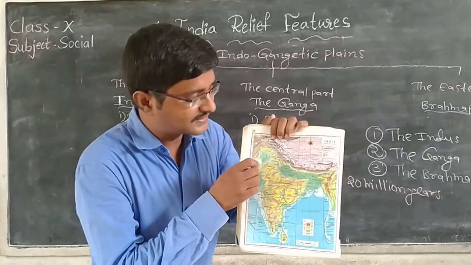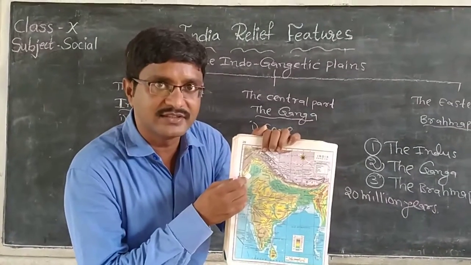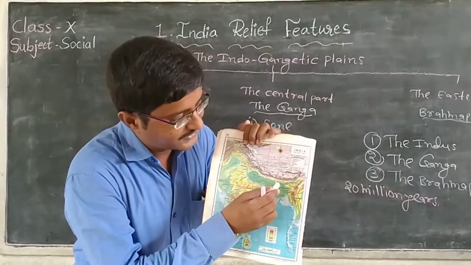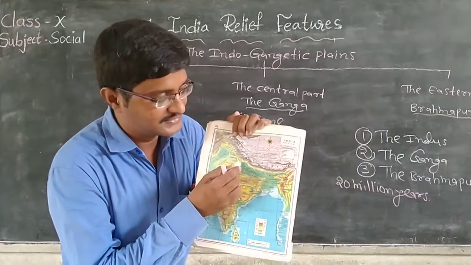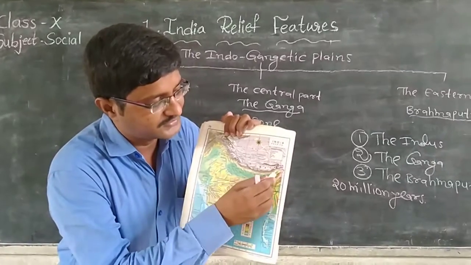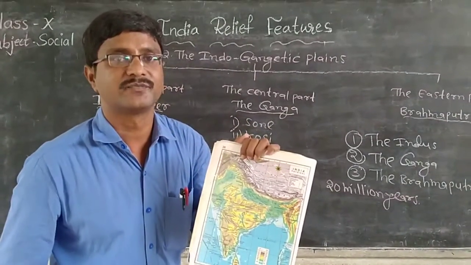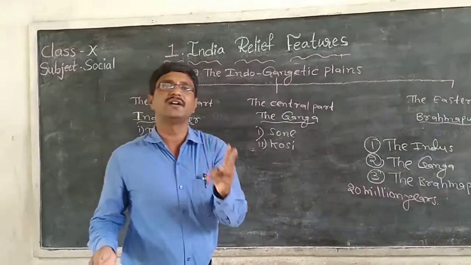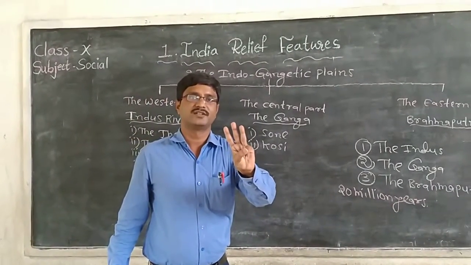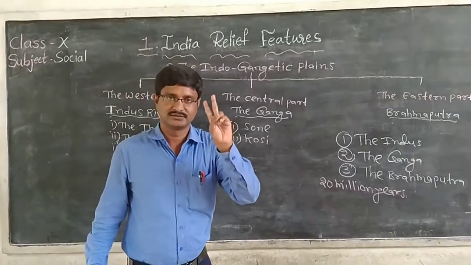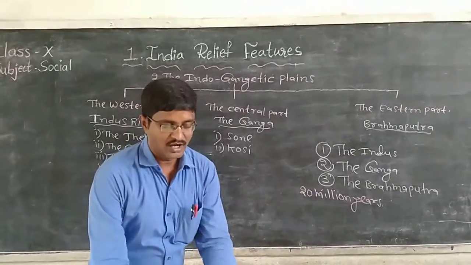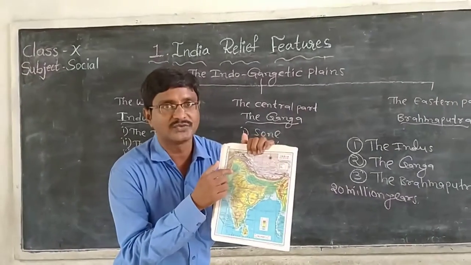One is the western part, because this is located on the western side. This part is the central part, and next this is the eastern part. Have you understood? So the Indo-Gangetic plains region is classified into three types: the western part, the central part, and the eastern part.